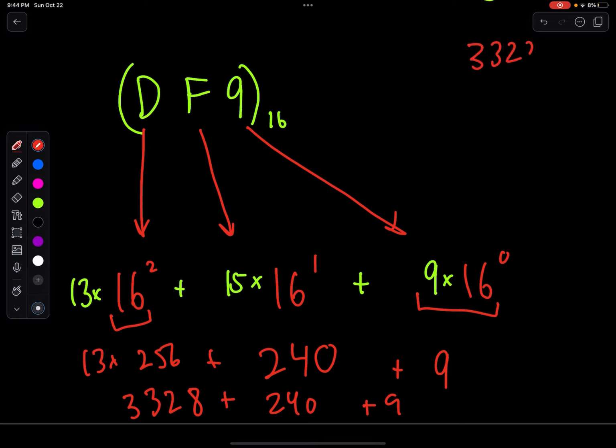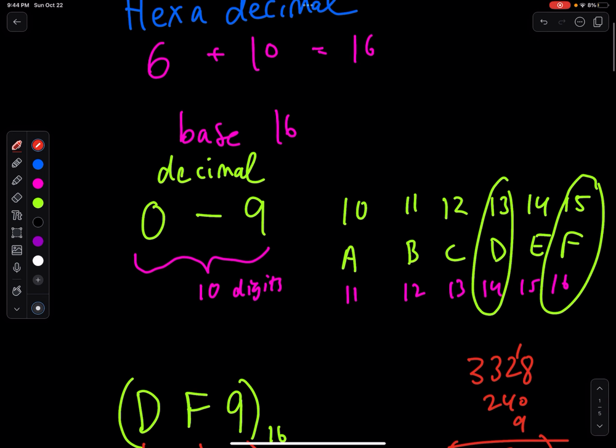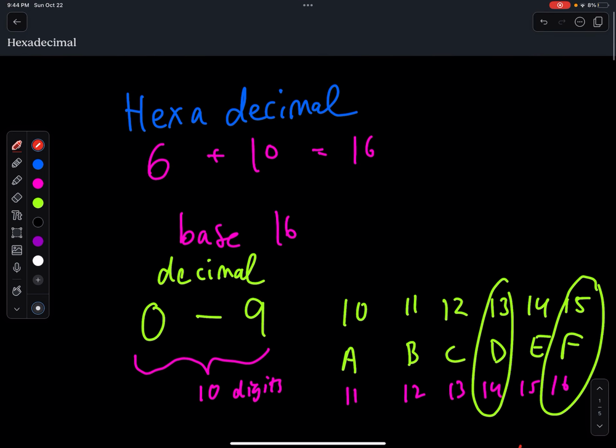We've got 3328, 240, and 9. Always right align it. That's 3,577 in base 10. So again, hexadecimal, you have base 16, so you have your powers of 16.